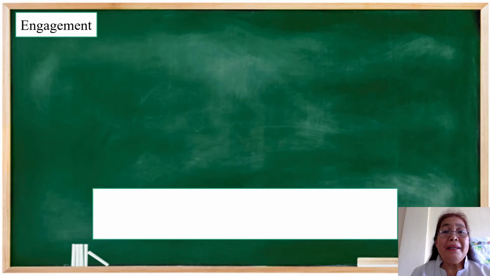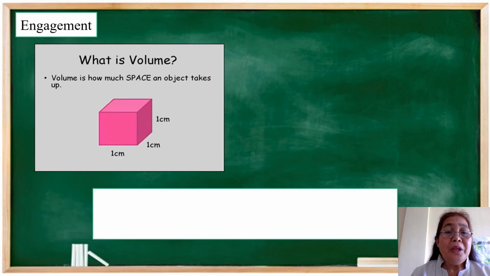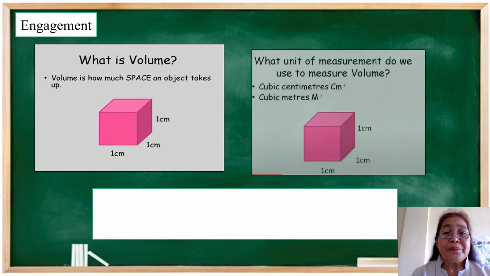Before going to our lesson proper, let's have first the meaning of volume. What is volume? Volume is how much space an object takes. This is an example of a cubic unit. The width is 1 centimeter, the length is 1 centimeter, and the height is 1 centimeter.